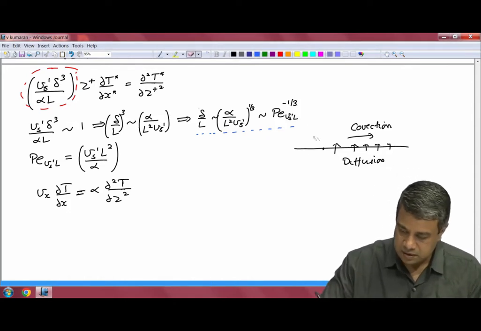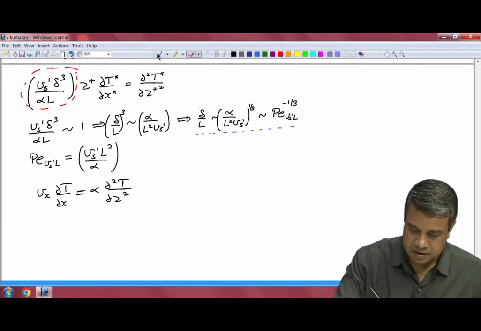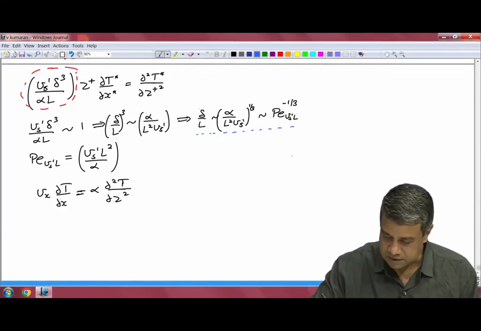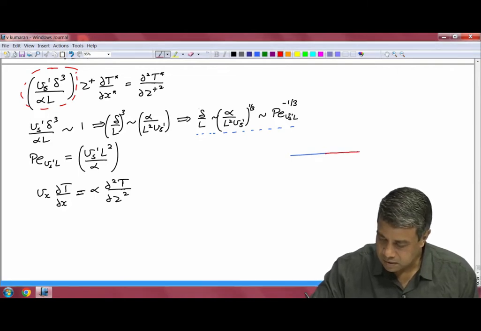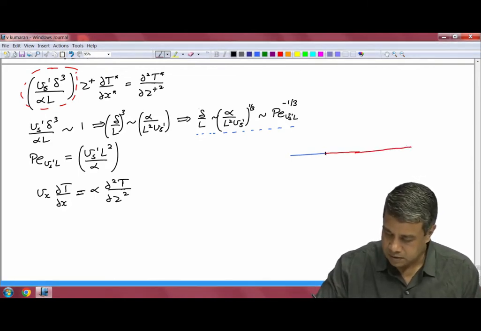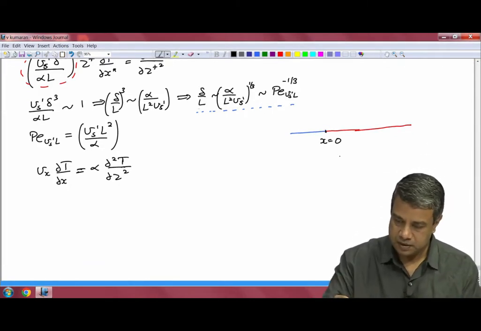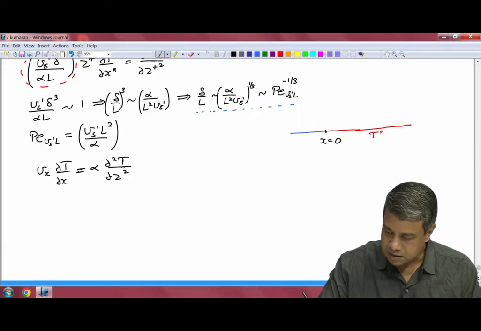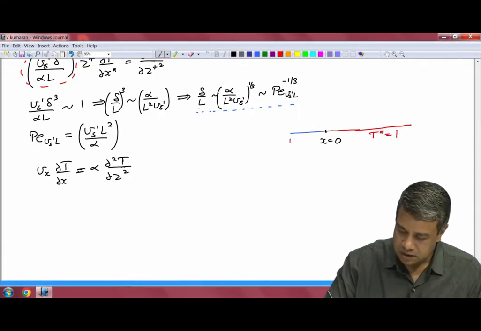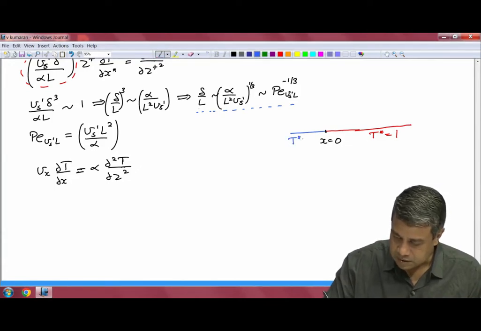So, let me first explain the rationale for the solution. Here this is x equal to 0, where T star is equal to 1 at the surface, and T star is equal to 0 far from the surface.